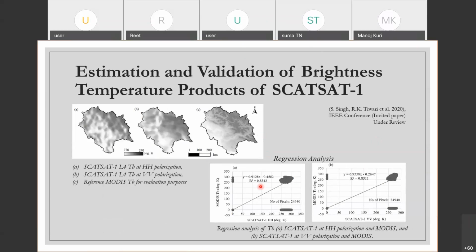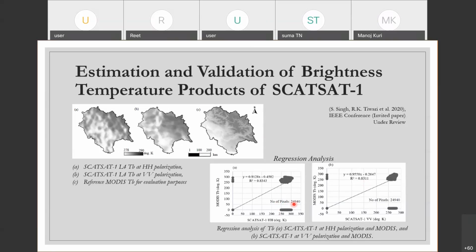The correlation we were able to retrieve for HH polarization was 83%, and for vertical VV polarization it was 83.11%. A slight difference was there between the two polarization modes in the accuracy, and the number of pixels compared was around 25,000.